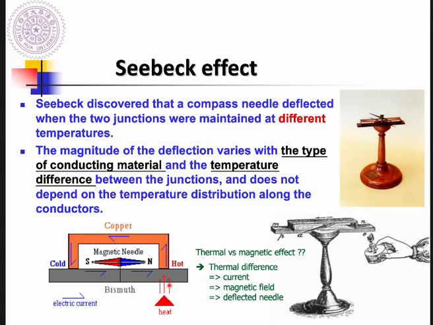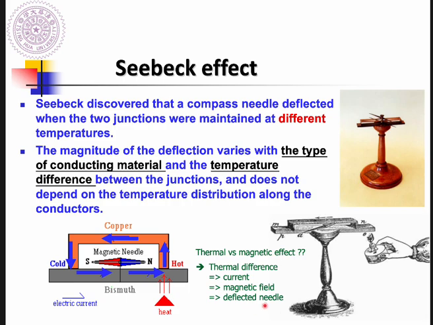So after further investigations, he found the whole story should be that this thermal difference or temperature difference somehow induces a current passing through both these materials. And this current induces a magnetic field to cause the needle to deflect.